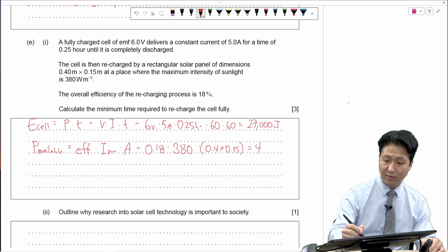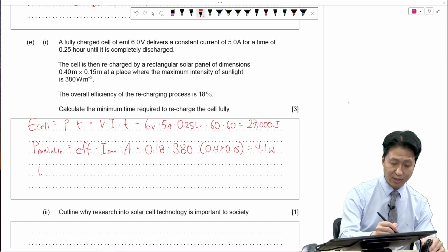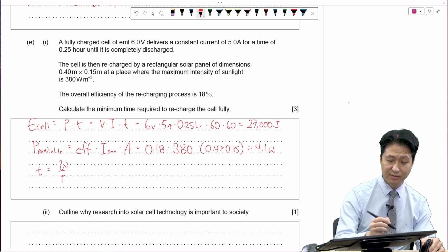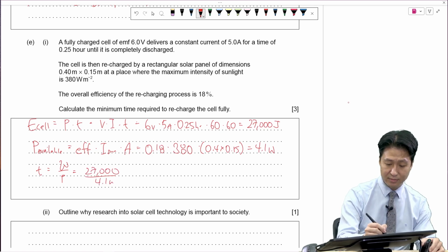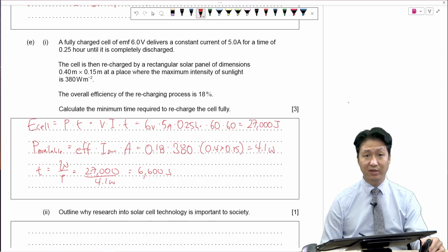This gives us approximately 4.1 watts. So the time would be the amount of energy or work required divided by the power available. So it's 27,000 divided by 4.1, giving us approximately 6,600 seconds. Two significant figures.